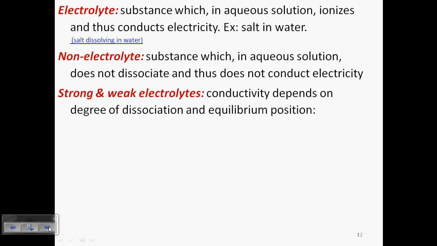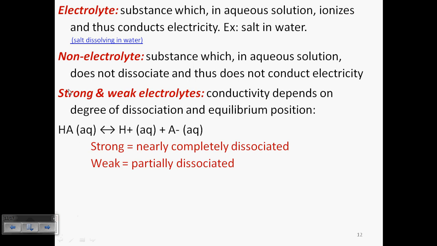A non-electrolyte is a substance which in aqueous solution does not dissociate and does not conduct electricity. A strong electrolyte is completely dissociated. A weak electrolyte only dissociates partly. Do not confuse strong and weak with dilute and concentrated.